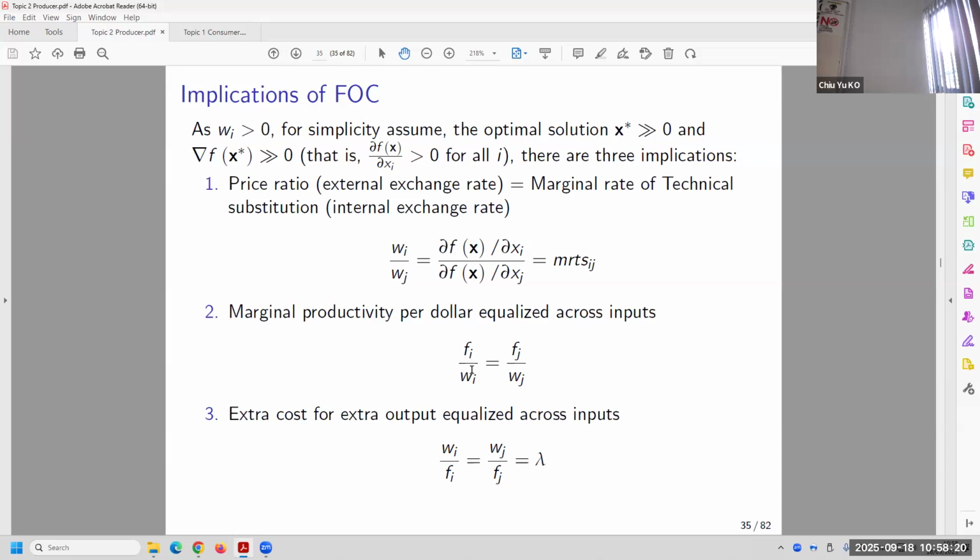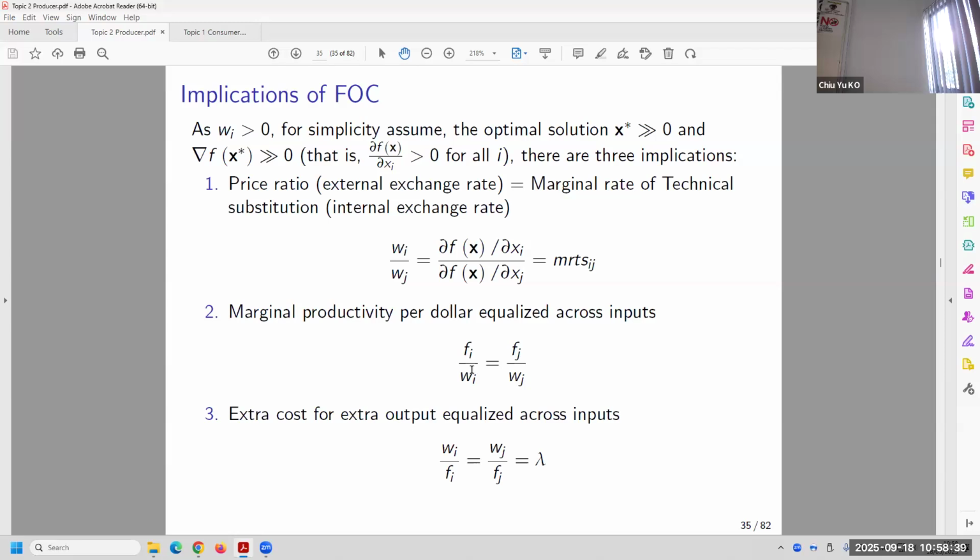This is saying that if I give you $1 more, or I take away $1 from you, then you have to reduce input I by 1/W_I, right?